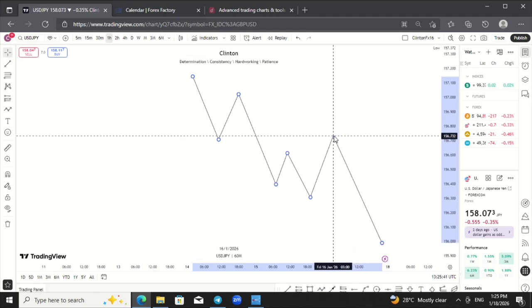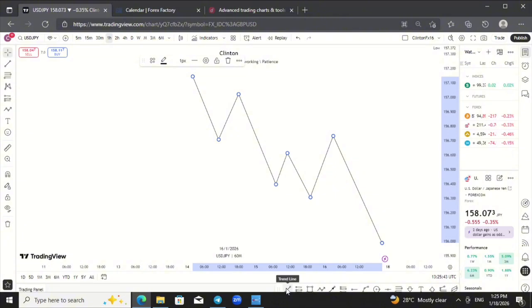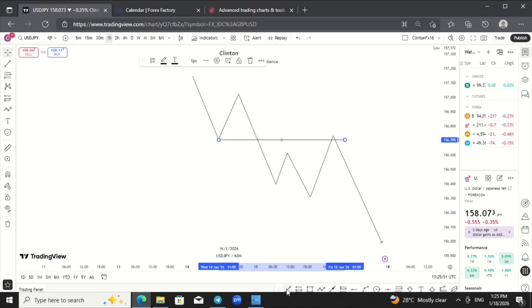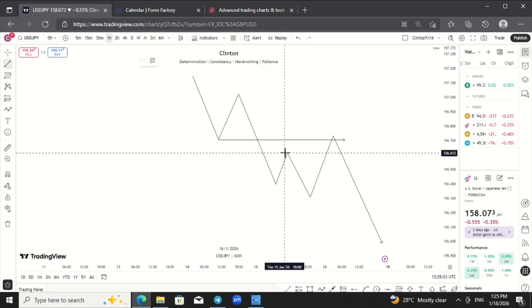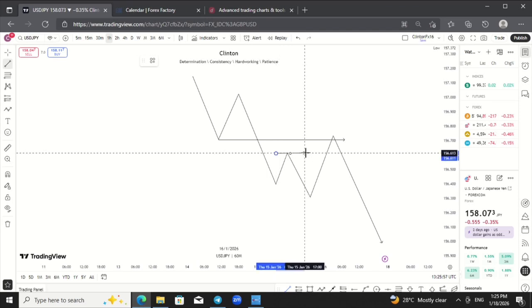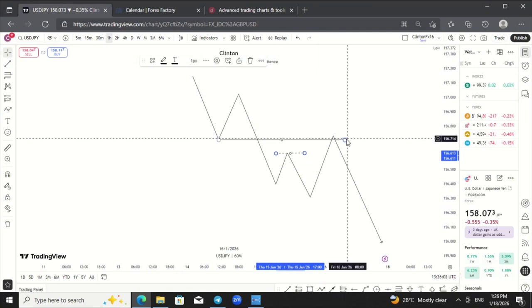Where price tapped in, you mark your structural liquidity too, and make sure that there is a fair value gap where you took your zone, like where price tapped in. Make sure there's a fair value gap within that zone.